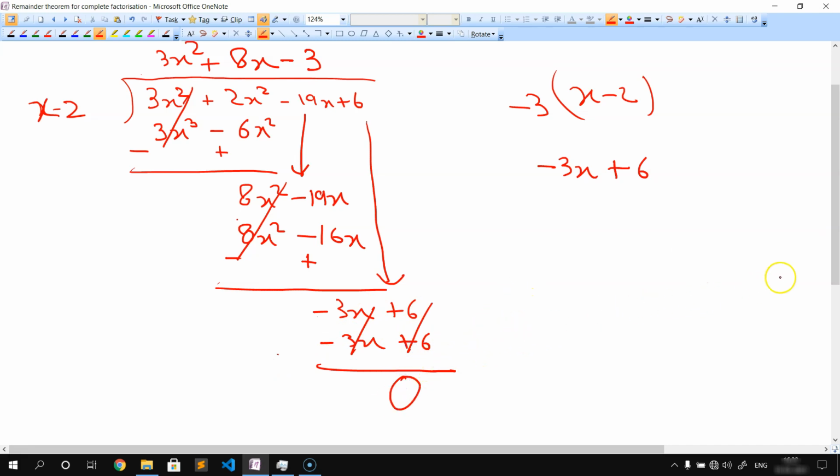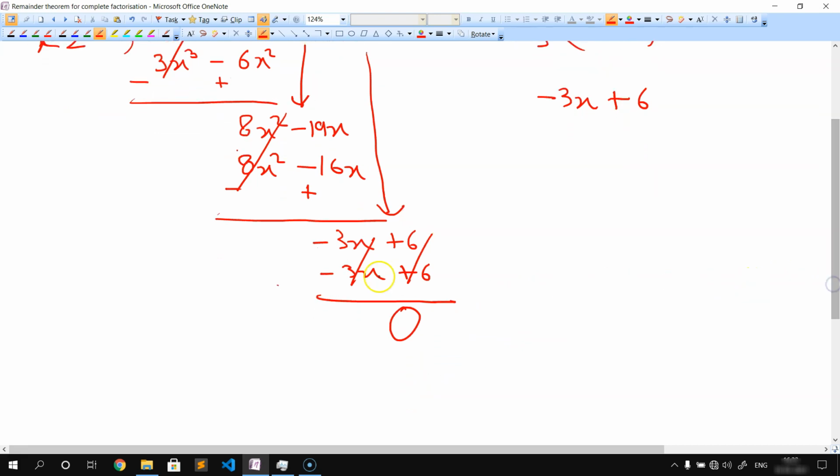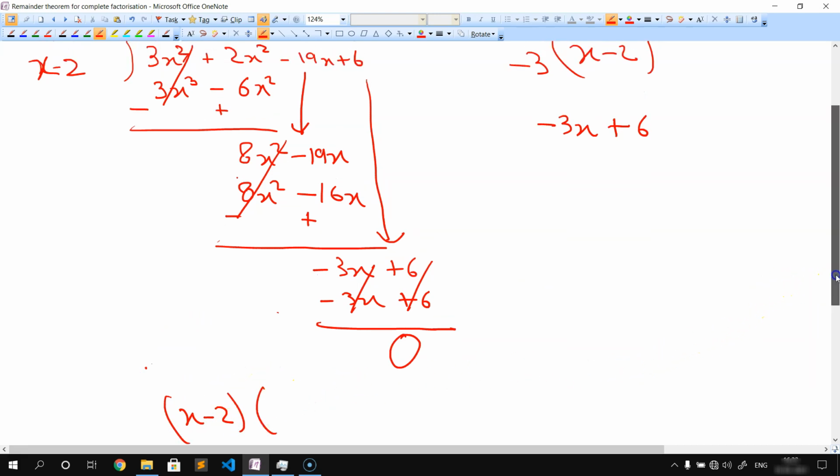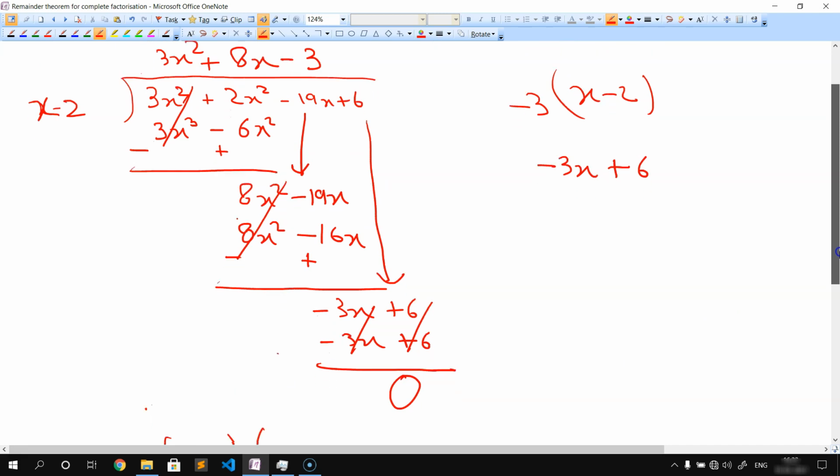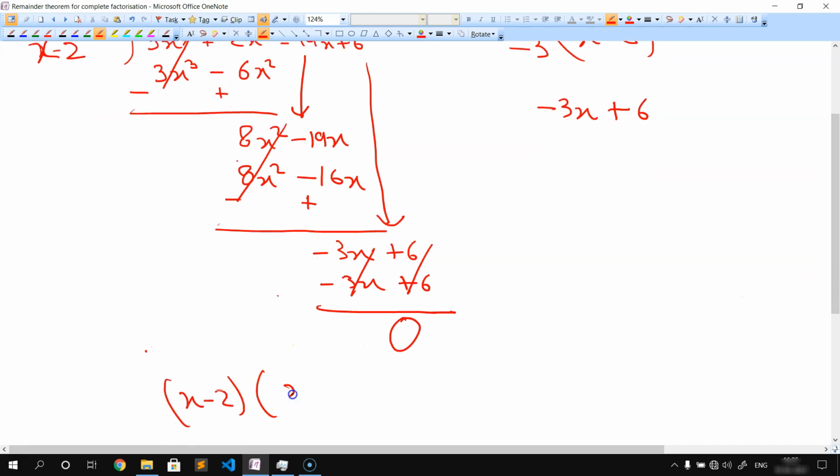So we can write our equation as x minus 2 into what's present in our quotient, 3x square plus 8x minus 3.